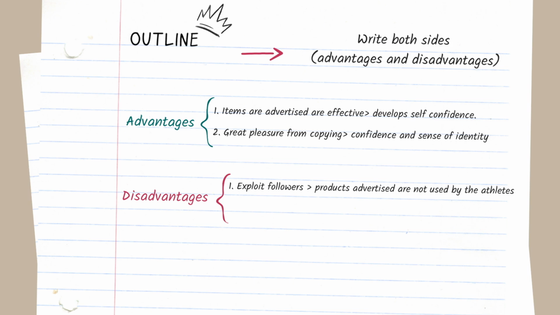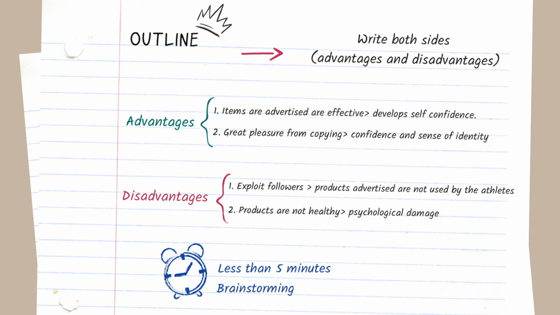They're just advertising those products in order to gain money. This is one disadvantage of this practice. Another disadvantage is that sometimes products are not healthy, all right? And this may lead to psychological damage among people who are under the influence of those advertisements.